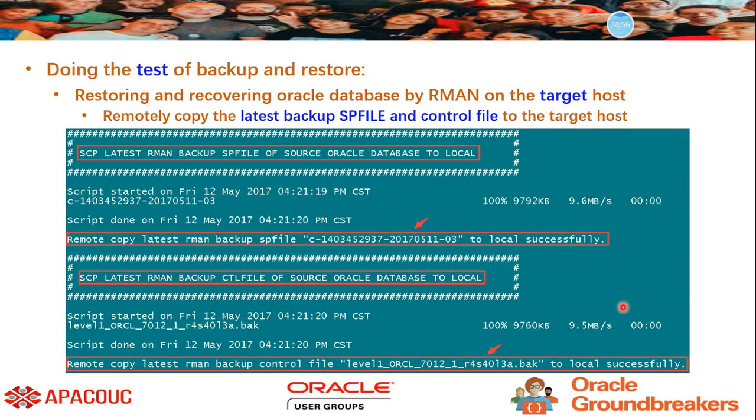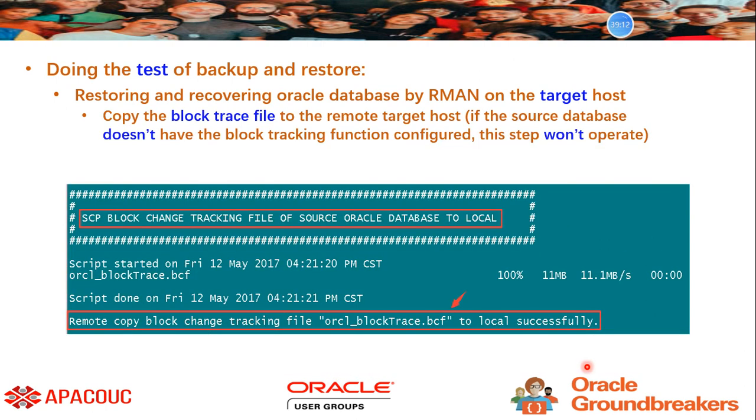You can also see scp of the latest RMAN backup set file here, and the control file here, to the target host successfully. Here, you have seen scp of the log change tracking file to the target host successfully.